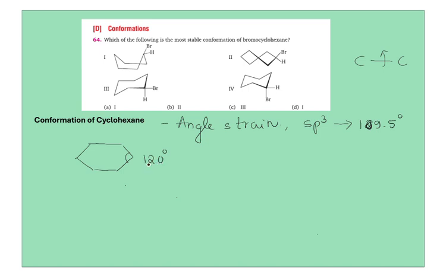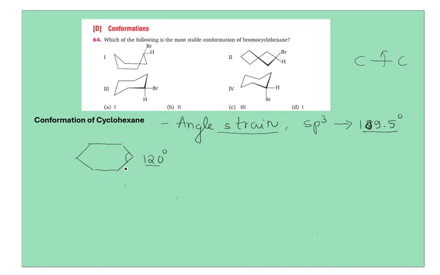You can see here the bond angle between a hexagon and sp3 hybridized carbon, there is a difference, and due to that difference there is a strain in the molecule and we call it as angle strain.